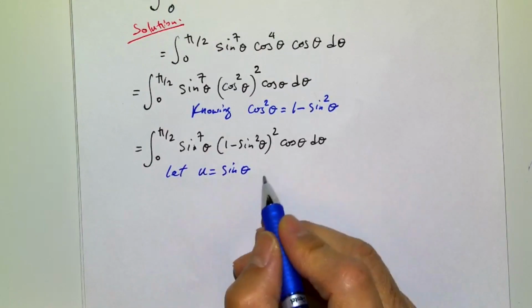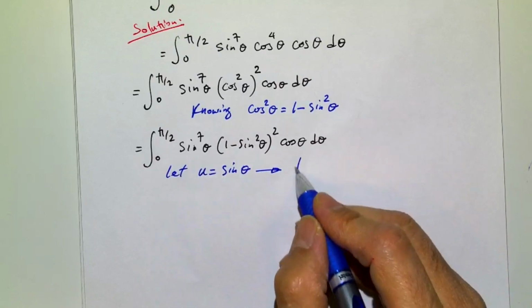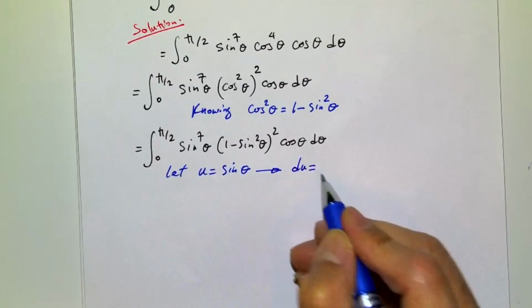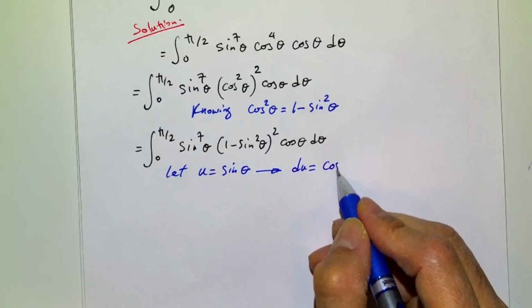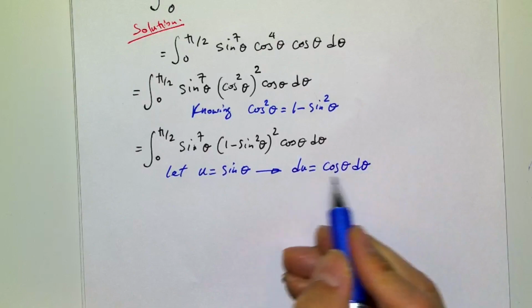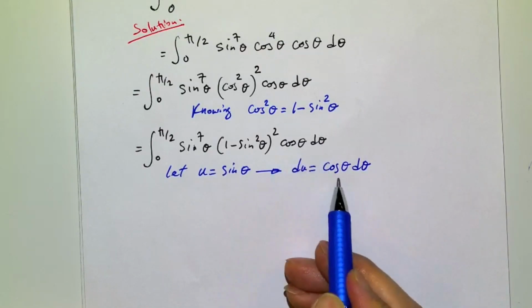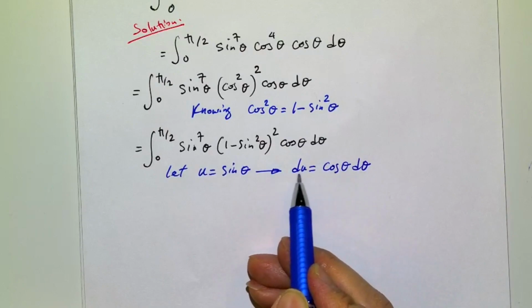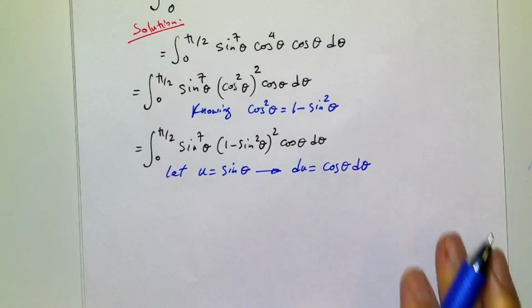As soon as you make this substitution, you have to calculate du. The derivative of sine theta is, of course, cosine theta d theta. Do you see something similar here? Cosine theta d theta equals du, so all of this can be set equal to du.